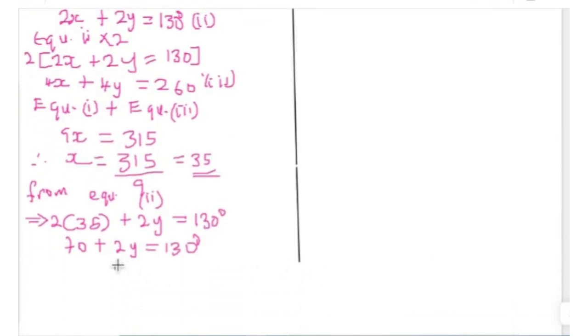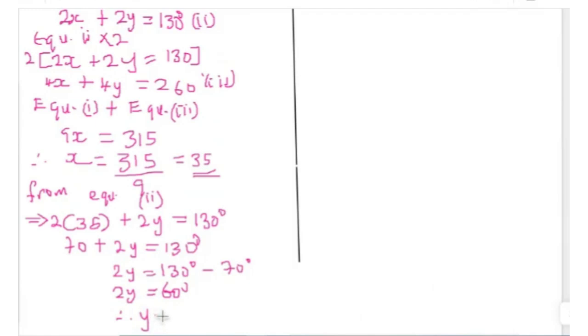Okay, so basically 2y is 130 degrees minus 70 degrees, which gives us 60 degrees.